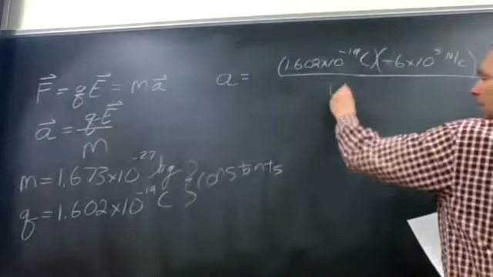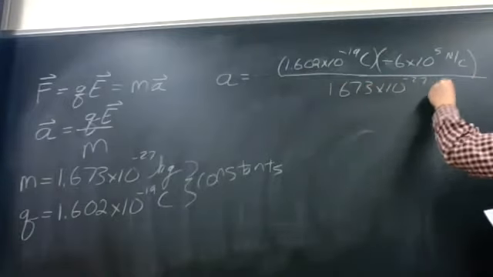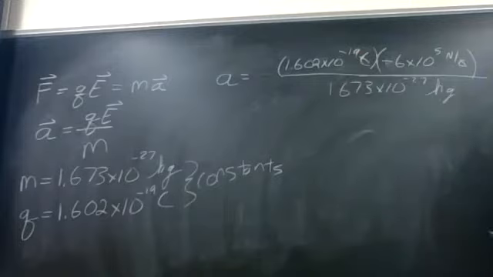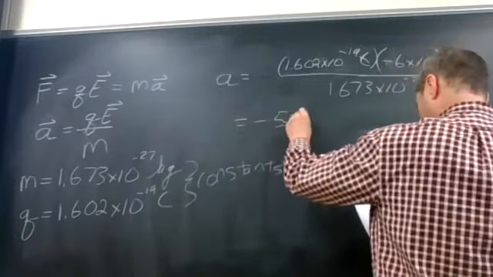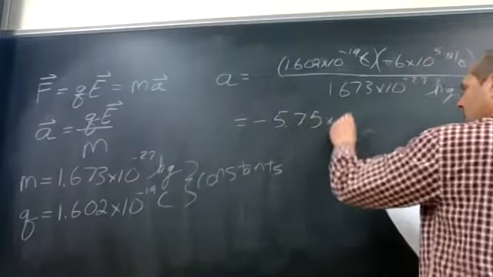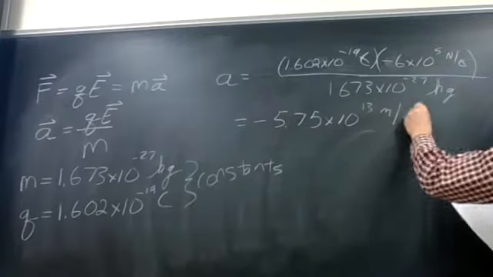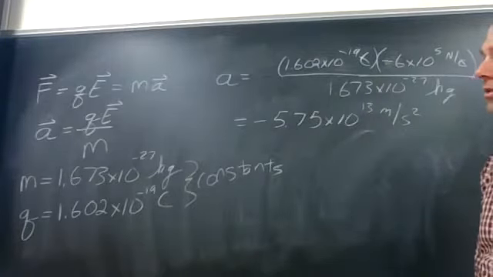The mass is 1.673 times 10 to the negative 27 kilograms. The coulombs cancel. You get a negative 5.75 times 10 to the 13th meters per second squared. There's where the negative comes into play from the electric field.